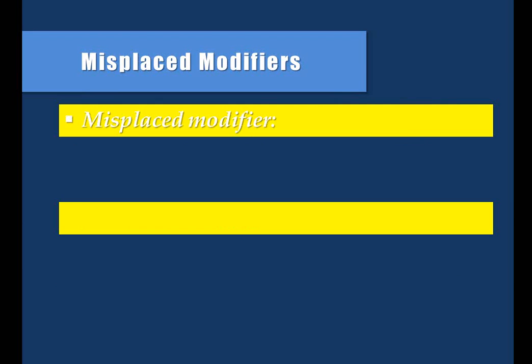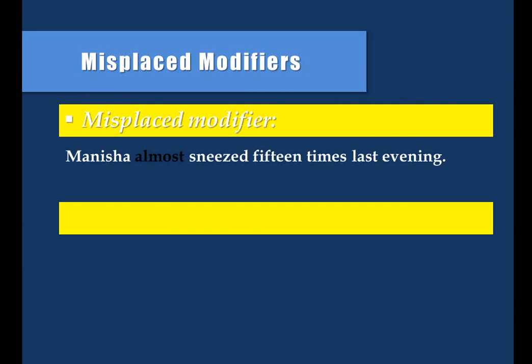One more example coming up. Manisha almost sneezed 15 times last evening. A little tricky this time. See if you can identify the error. Yes, Manisha almost sneezed. Now see, sneeze is a verb. It's an activity. Either she would sneeze or she would not. What do you mean by Manisha almost sneezing?